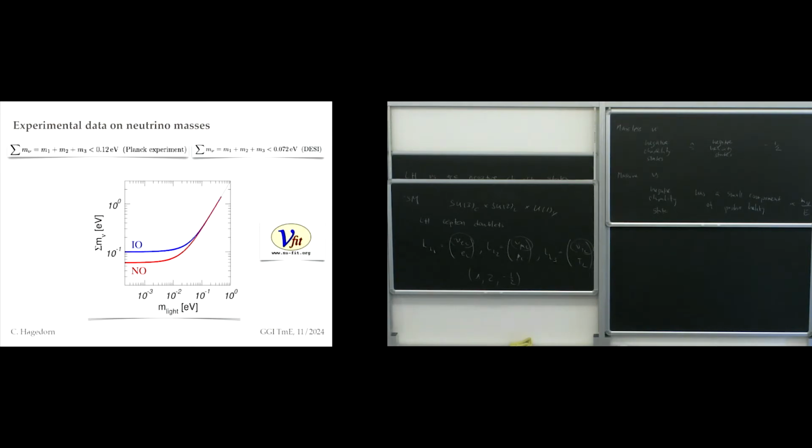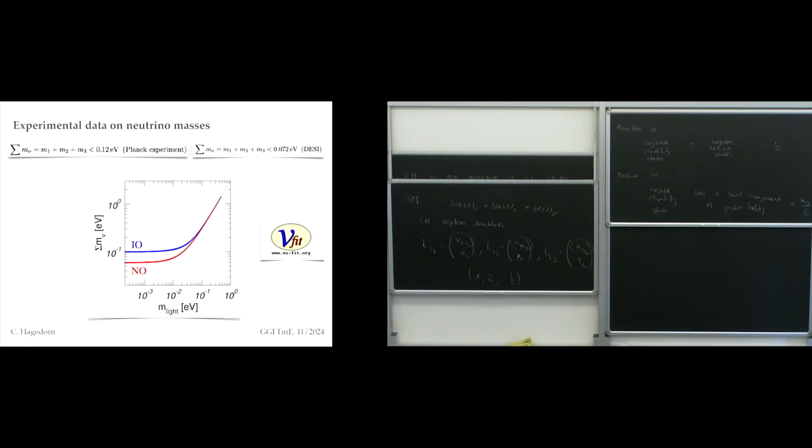But if you pass on to this one here, one thing you see already is that inverted mass ordering usually gives you a larger value for the sum. There are people who now start to say that this puts under pressure the fact that neutrino masses can be inverted, because this is 0.1 electron volt, here you would be at 0.09, 0.08, so you would be already here, right?